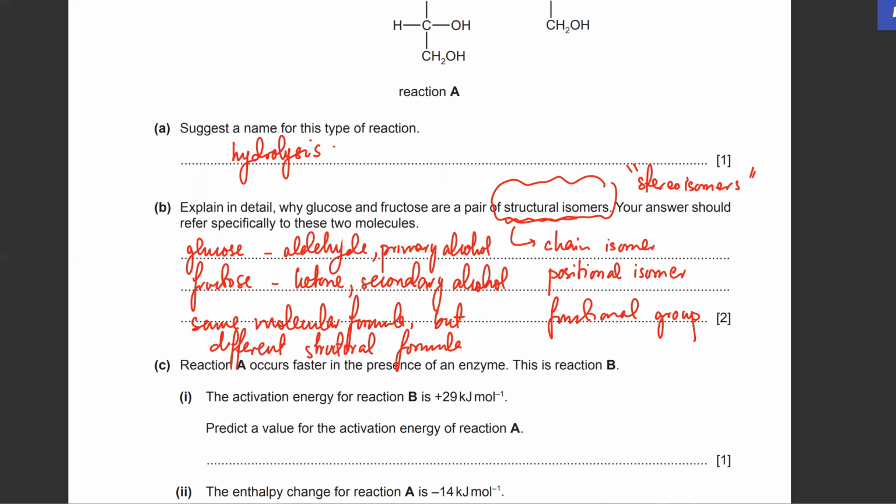Definitely, just to be on the safe side, you should describe why they are structural isomers. Structural isomers have the same molecular formula but different structural formulas. And they are structural isomers because of the difference in structure. Is that clear?